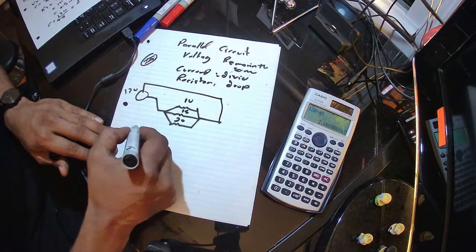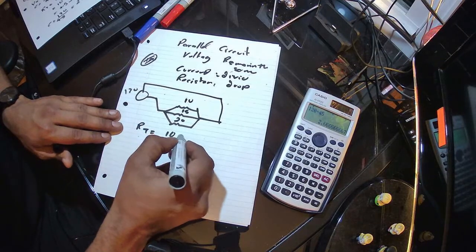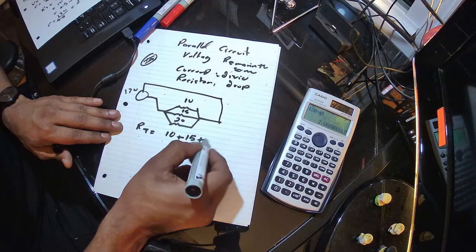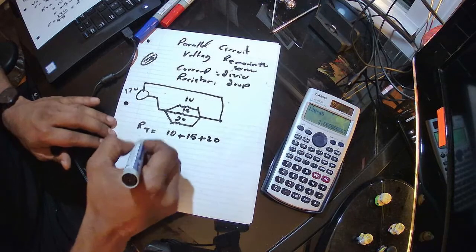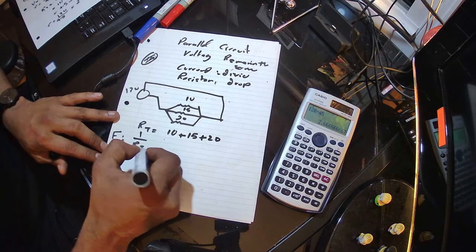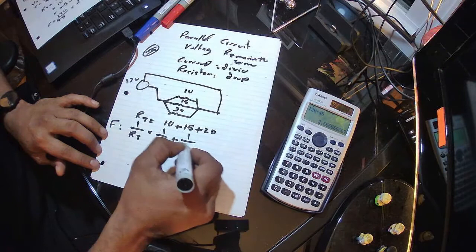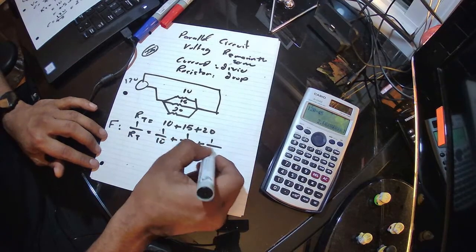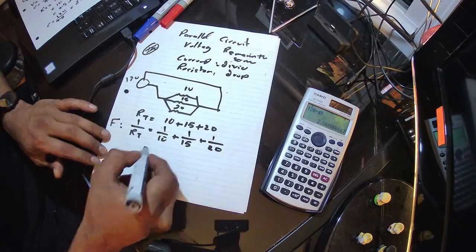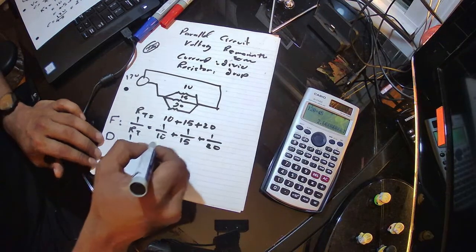First I'll do the flip, which is 1 over RT equals 1 over 10 plus 1 over 15 plus 1 over 20.